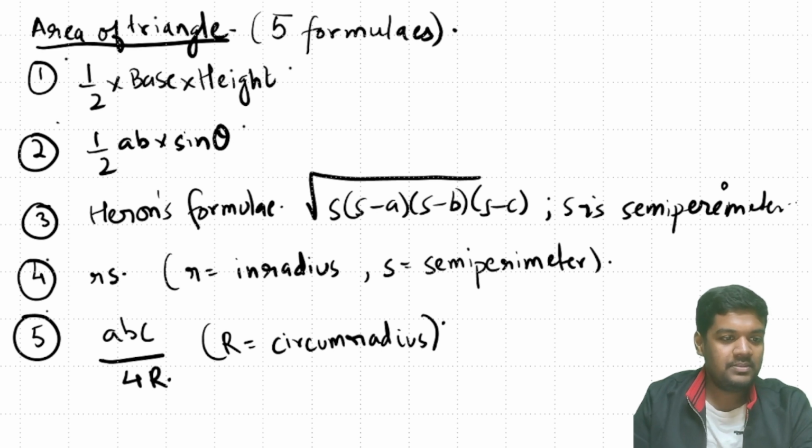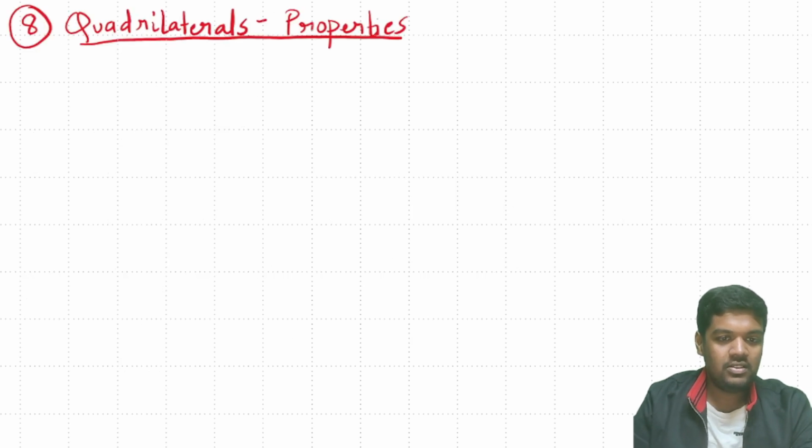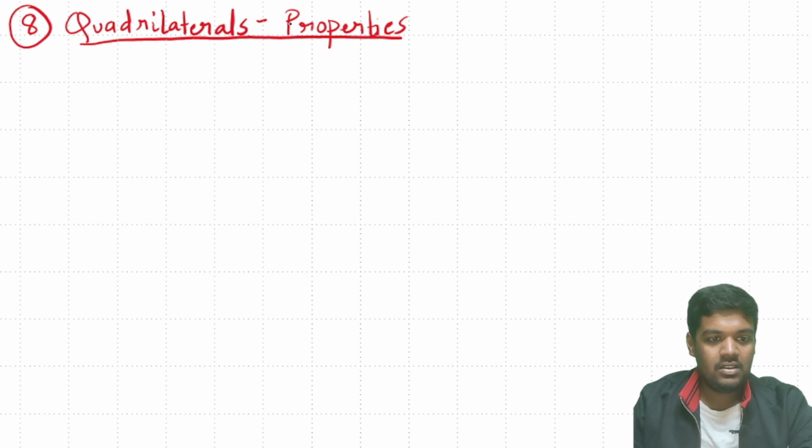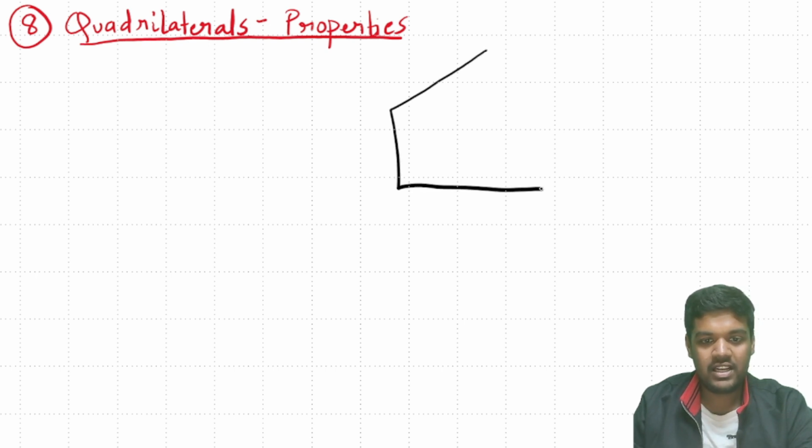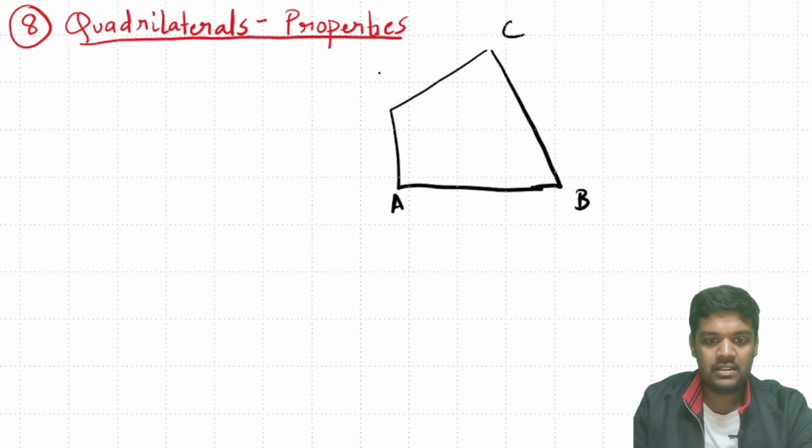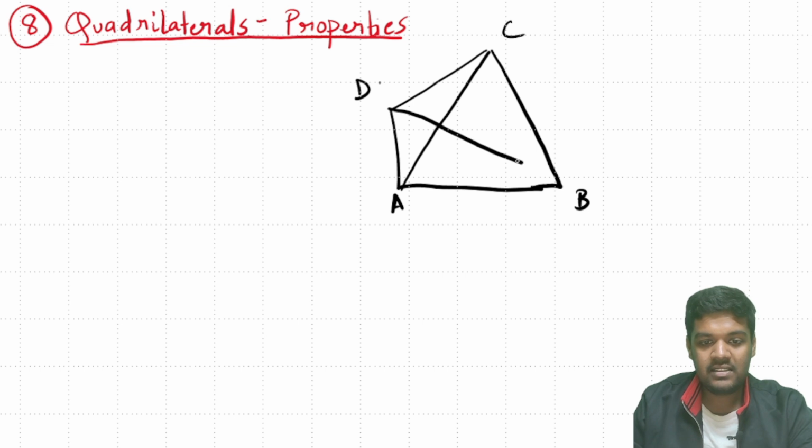Okay, so let's move on to the next topic, which is quadrilaterals. A quadrilateral is any polygon having 4 sides. So let's say we have a quadrilateral like this, A, B, C, D. ABCD is a quadrilateral, and we call AC and BD its diagonals, right?